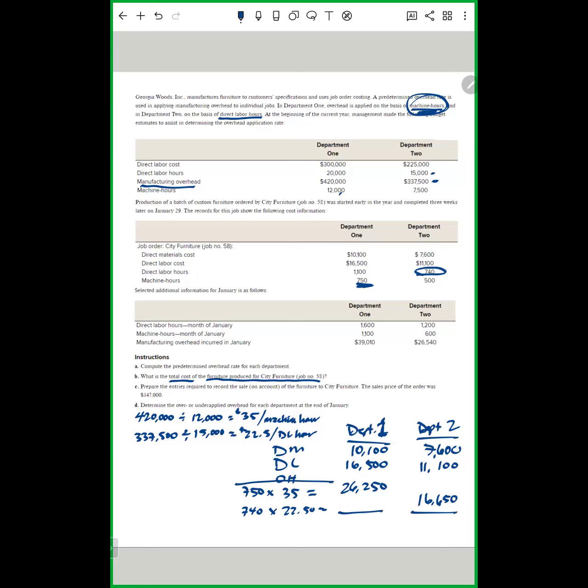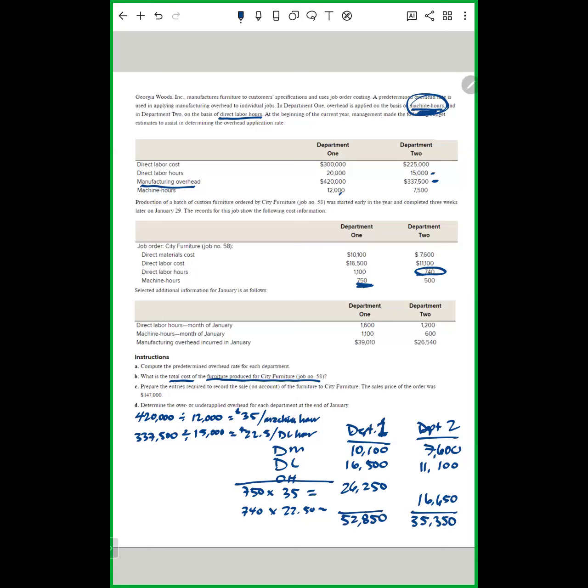All right, and if we add these up for each department, 10,100 plus 16,500 plus 26,250, I get 52,850. And then for Department 2, $7,600 plus 11,100 plus 16,650, and I get 35,350.